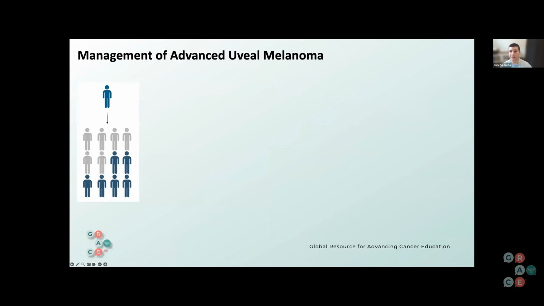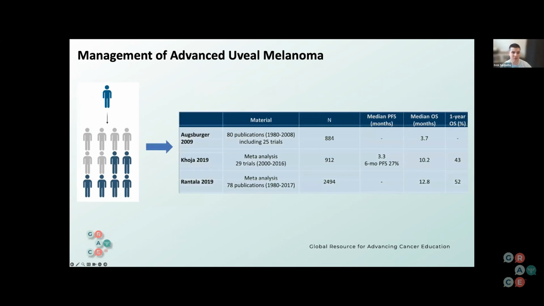So once we know that up to 50% of patients will develop a recurrence, and most of the time in the liver, the way we treat these patients is that once the patients have this disease elsewhere from the eye, we know that the cells are in the bloodstream. We know that these patients need some sort of systemic treatment.